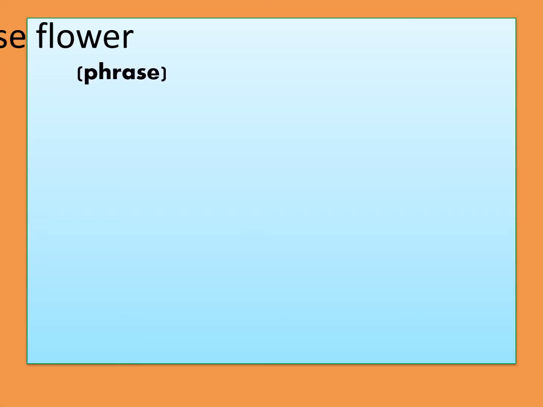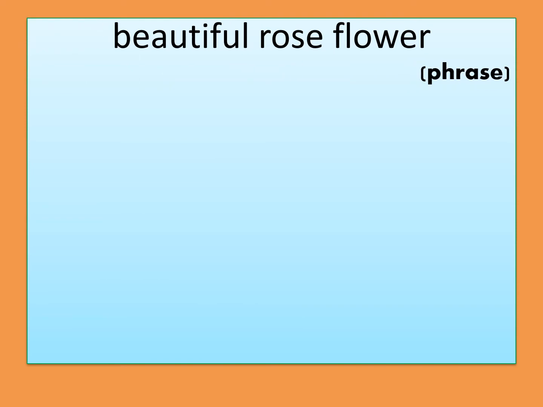Now, read this. Beautiful rose flower. Here, a group of words are joined together. Are these words giving complete sense? No, they are not giving complete sense. They are joined together as a unit, but this unit is not giving complete sense.